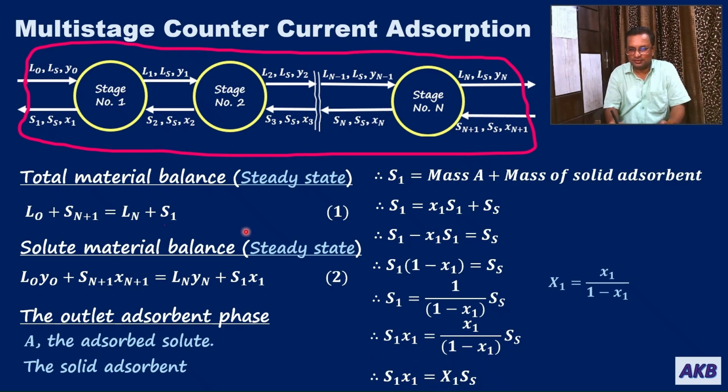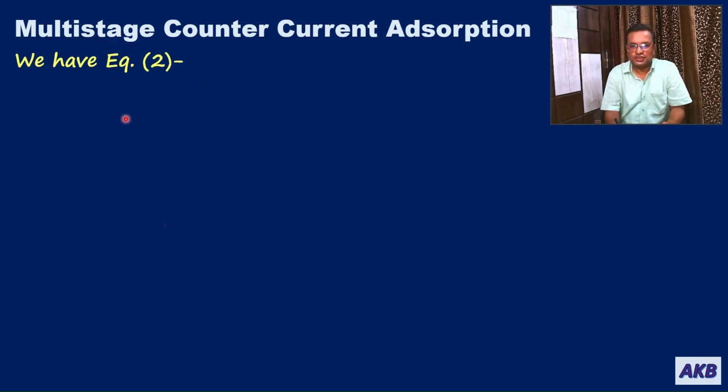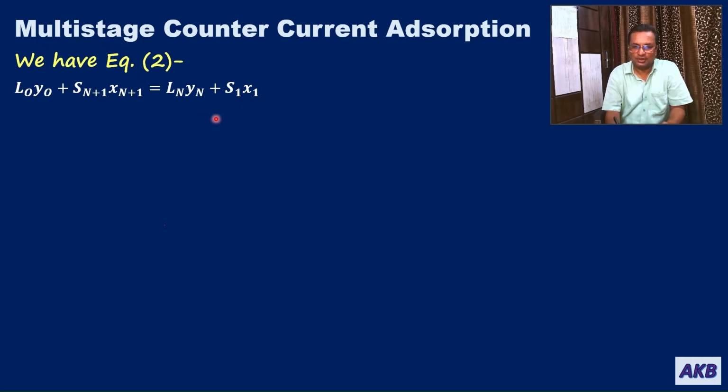So after we have all replacements ready, we are going to replace all the terms in equation number 2. What is that equation? L0 into small y0 plus Sn plus 1 into small xn plus 1, that is equal to Ln into small yn plus S1 into small x1. Now we are going to replace all these terms.